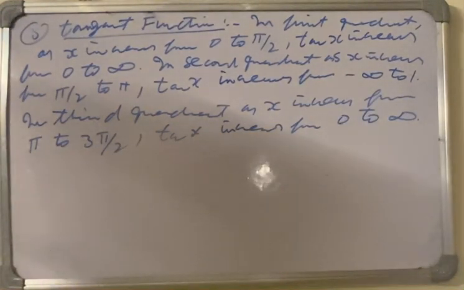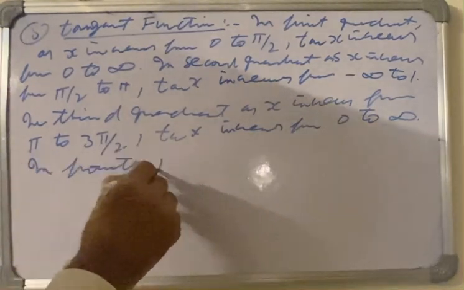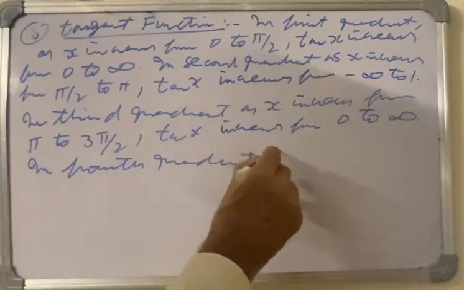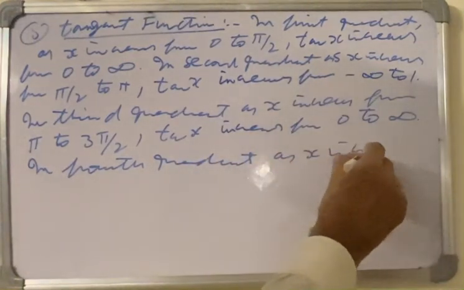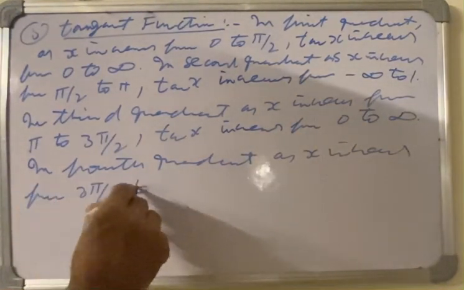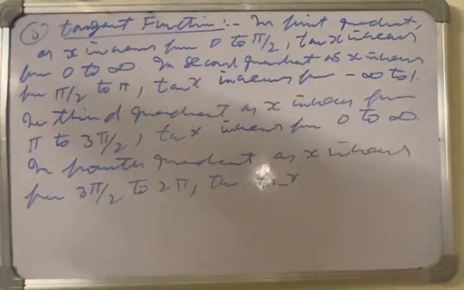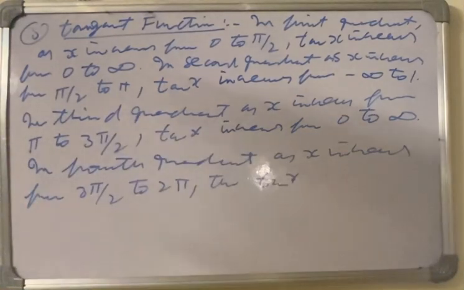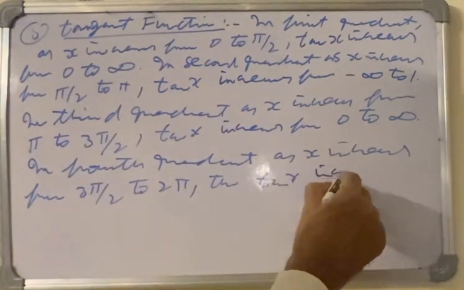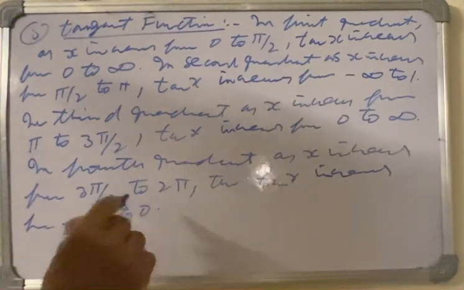In fourth quadrant, as x increases from 3 pi by 2 to 2 pi, then tan x increases from minus infinity to 0.